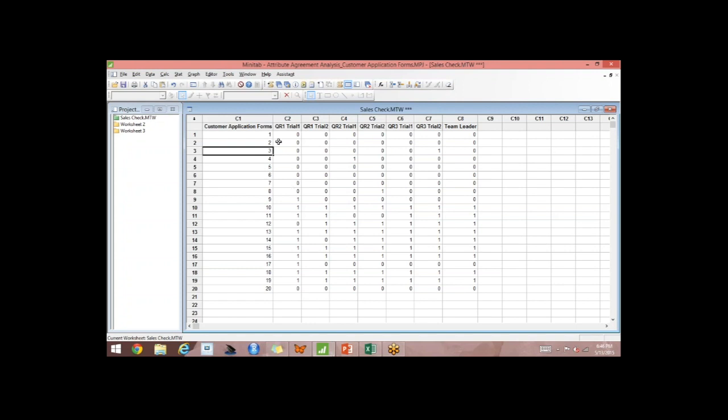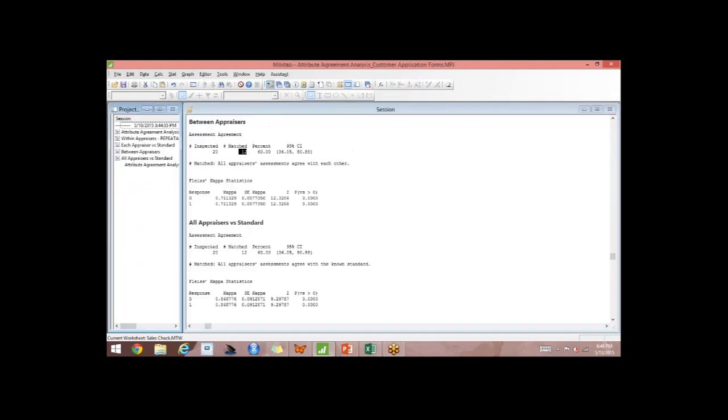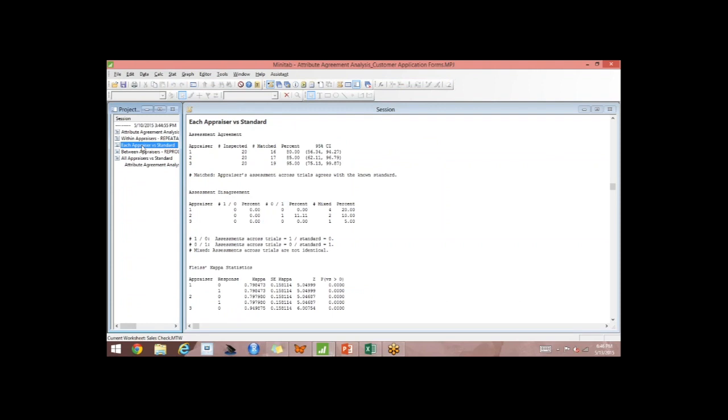It's 12. And that is the 12 which you see here. Between appraisers is also called reproducibility, between or among the various appraisers. Now let us look into each appraiser versus standard.